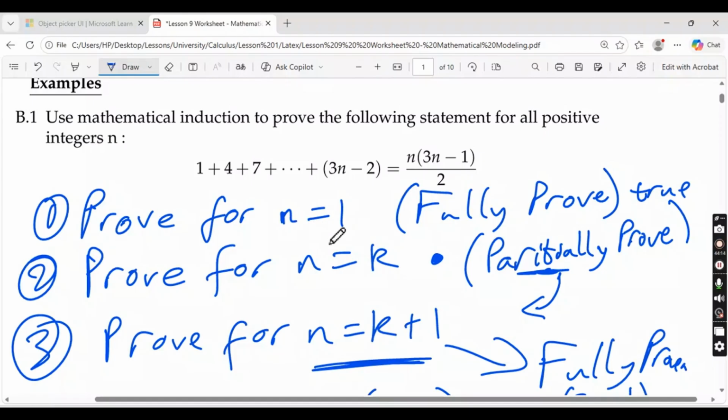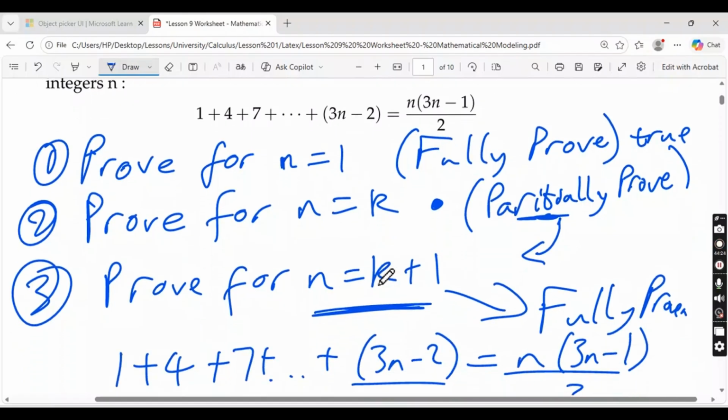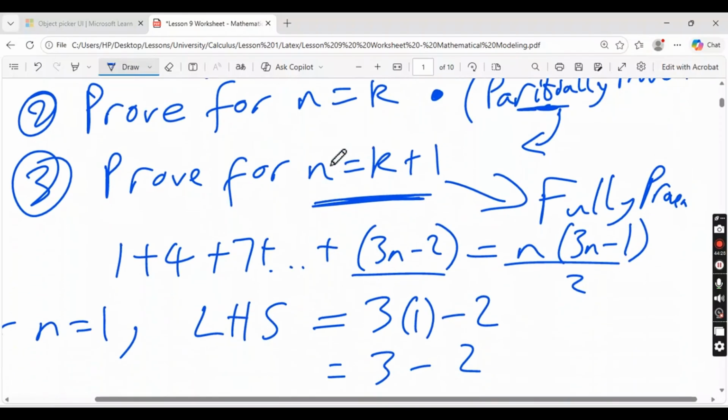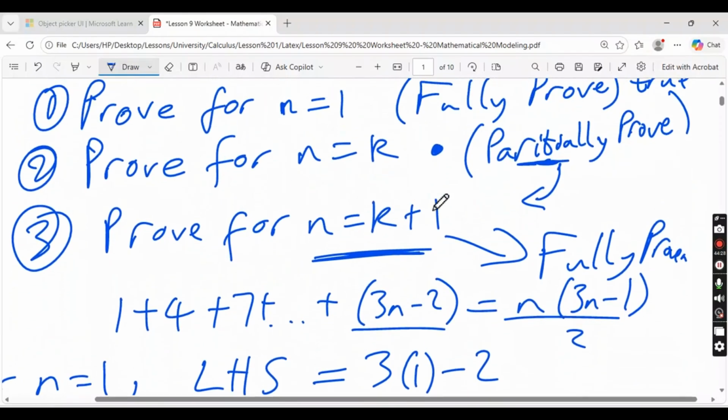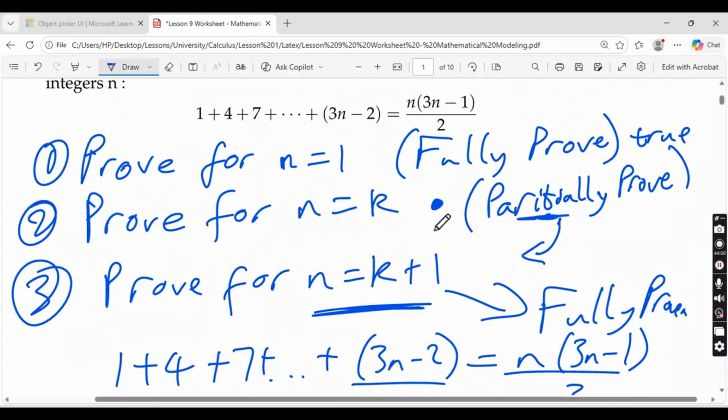It's not enough. Now we have to prove for n is equals to k, which covers any general number. And then we have to prove for n is equals to k plus 1. And n is equals to k and n is equals to k plus 1 help each other. Especially n is equals to k helps n is equals to k plus 1 to be proven. Why?